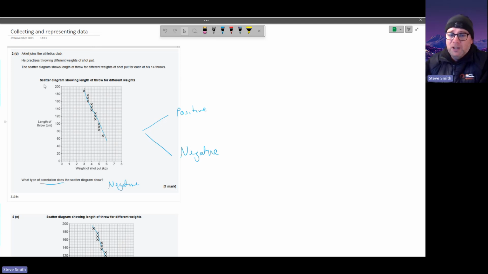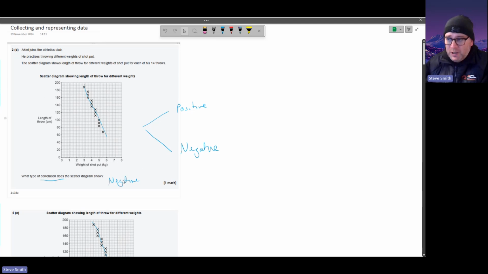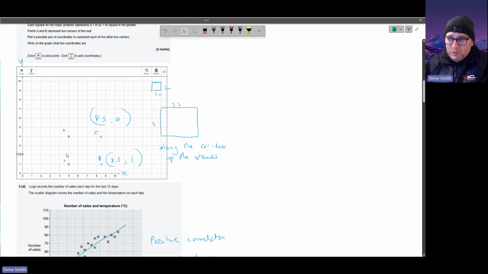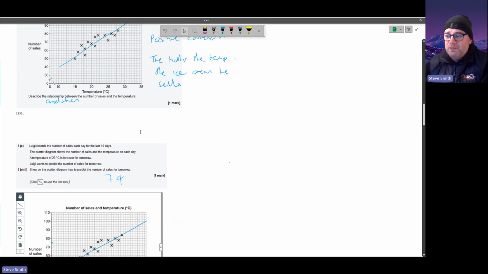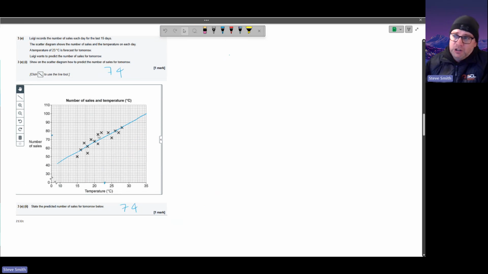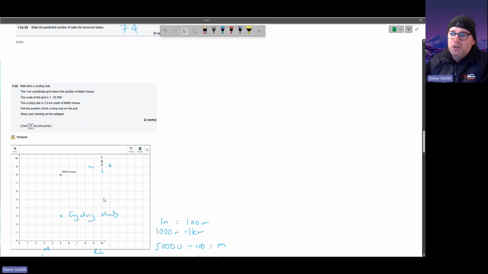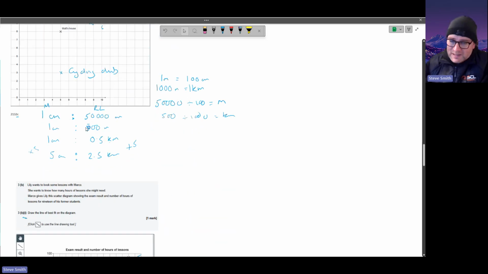If you get the gist of expecting 2, you can see sometimes you've got to draw a line of best fit, sometimes you've got to tell them what it is, sometimes you're plotting a point, building a garden, again drawing a line of best fit, identifying it, looking at a relationship, using the graph to interpret the data on how many ice creams, plotting again, using scale.